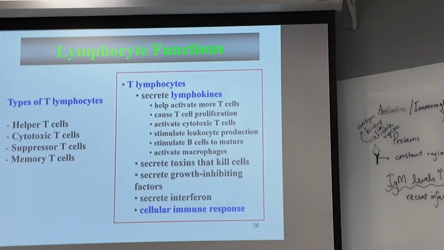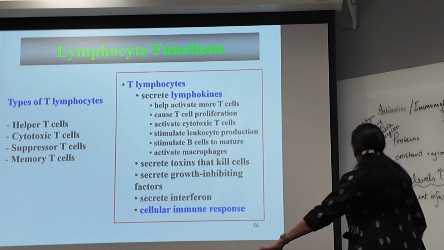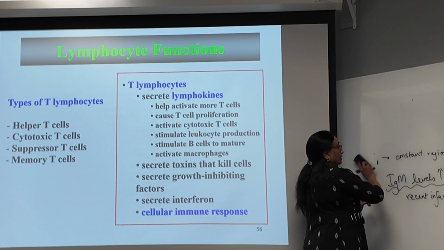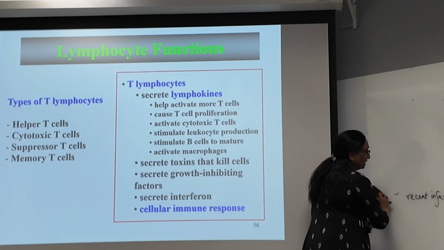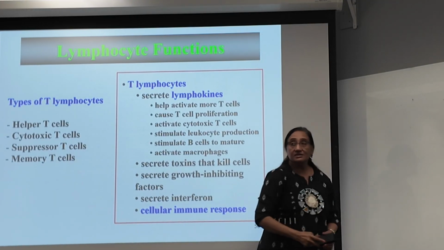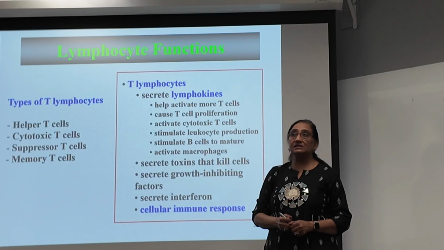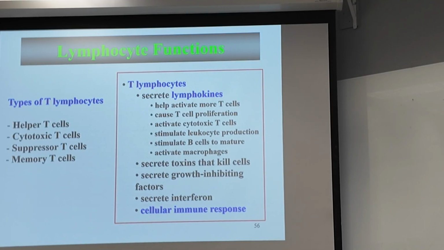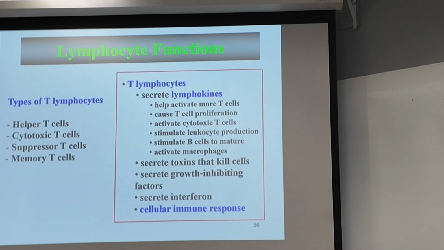Now let's go to cell-mediated immunity. Okay? Now, cell-mediated immunity is a function of T lymphocytes. T lymphocytes only recognize intracellular pathogens. They are going to fight against intracellular pathogens, so basically viruses or any other bacteria that has gained entry into the cell.